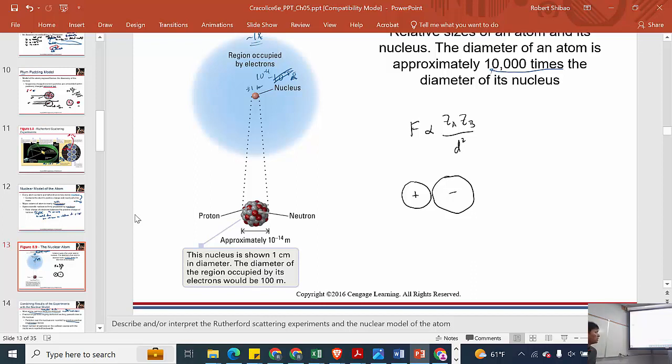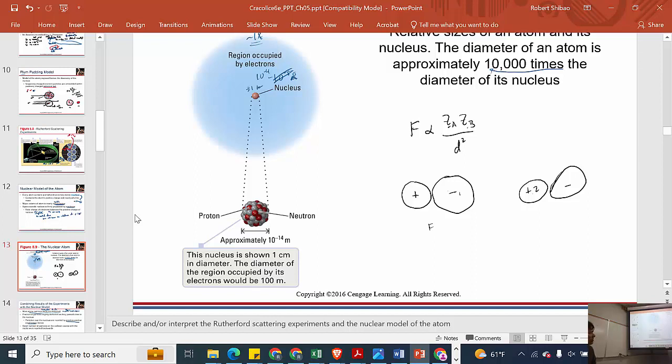We're looking at the force of attraction. So we have a positive and negative here. Those are going to be attracted to each other. But what if I made the positive plus 2 and the negative is still the same? Then the overall charge of the 2 particles is positive. Let's say the sizes were about the same. What would the force be here? Well, the force would be plus 1 for the charge, minus 1 for the charge here, and then we have the distance.